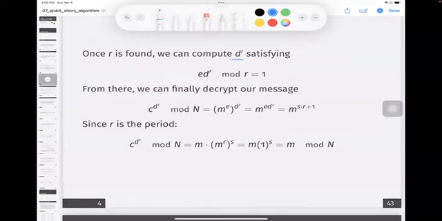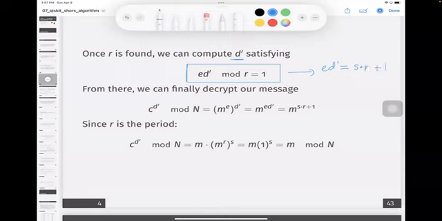So given this formula, we want to find D prime such that E times D prime modulo R, which is the period, will give you 1. And by the definition of modular arithmetic, we know that if this is true, then E D prime is equal to some positive number S multiplied by R, plus 1.